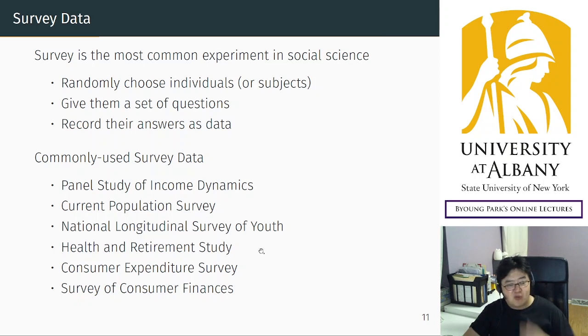You can see what they are about, like some important variables. A lot of studies are based on some of these data sets.